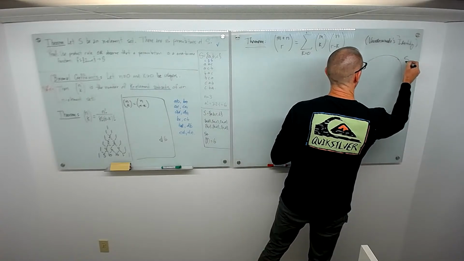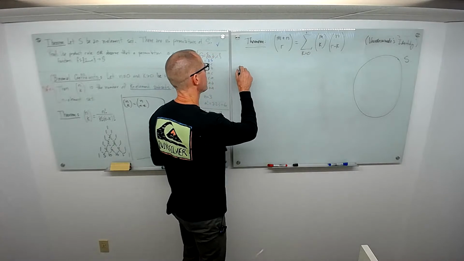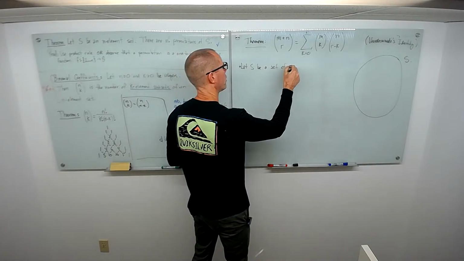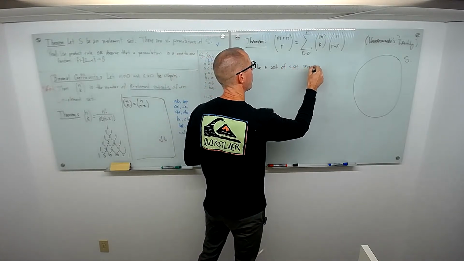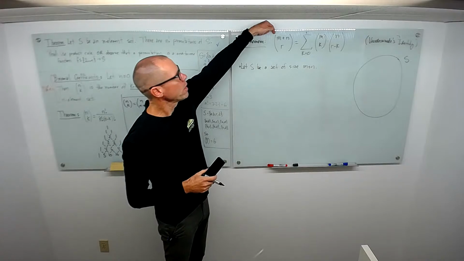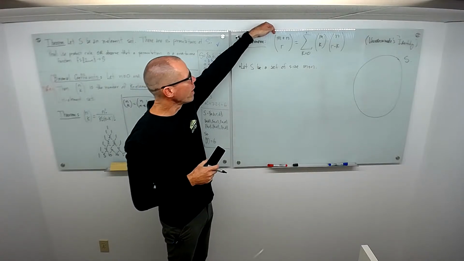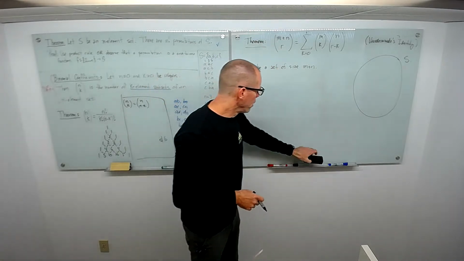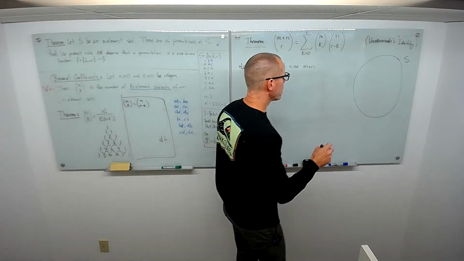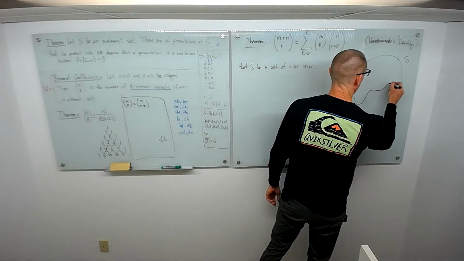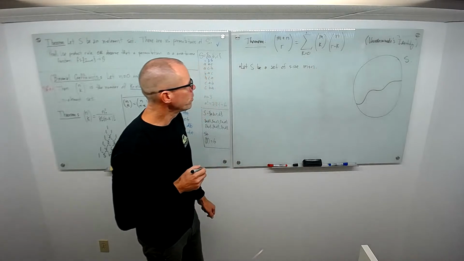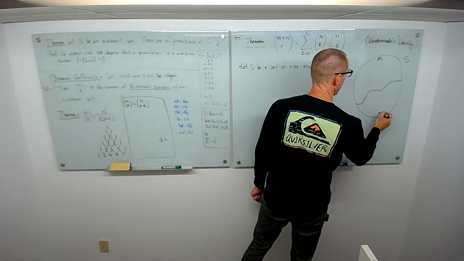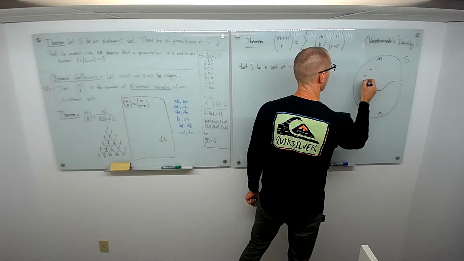This is talking about a set S of size m plus n, the number of r element subsets of a set of size m plus n. So let's just take S and split it into two sets. One of them has size m, and the other one has size n.